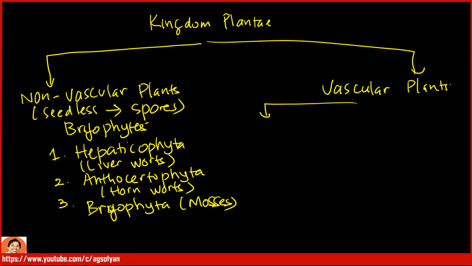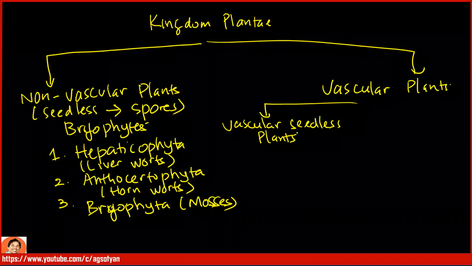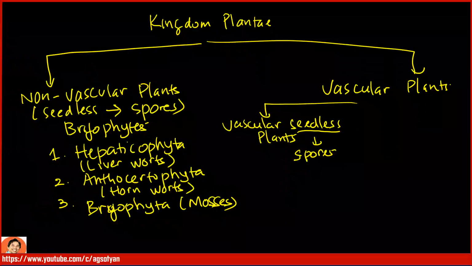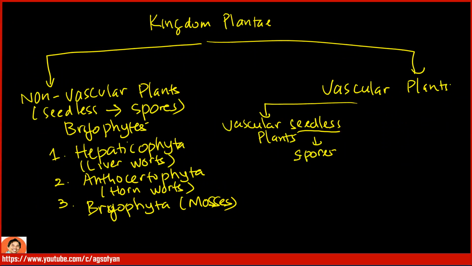The vascular plants are divided into two groups. The first one will be vascular seedless plants. When I talk about seedless, it means this group does not produce seeds, so it will reproduce with spores also, just like the non-vascular plants.